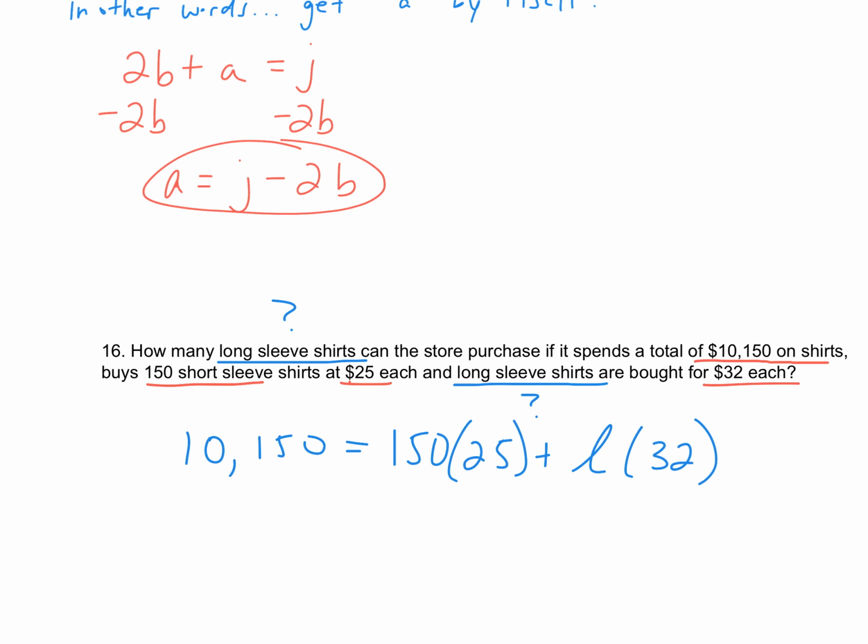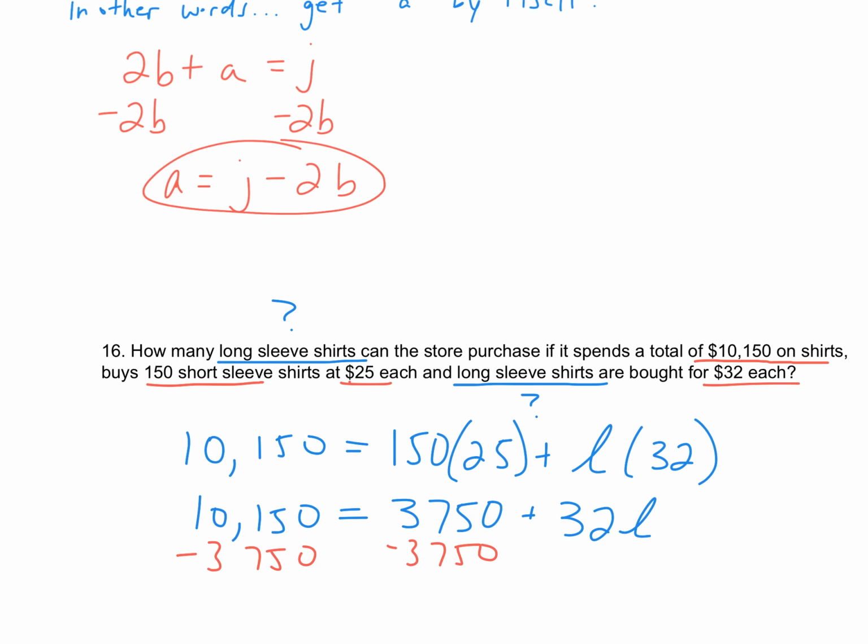So a more common way to see this, if we simplify some things down, well, 150 and 25 is 3,750, and then 32L is probably a more common way you'll see that written. So I need to subtract the 3,750 from both sides, and I'll get 6,400 equals 32L.